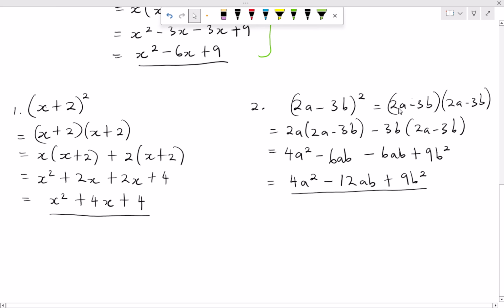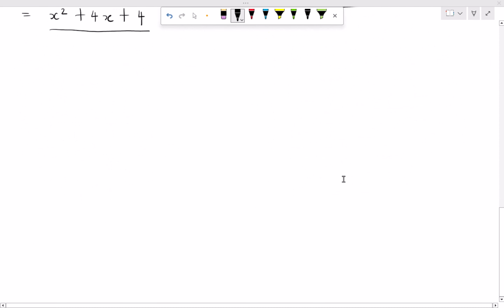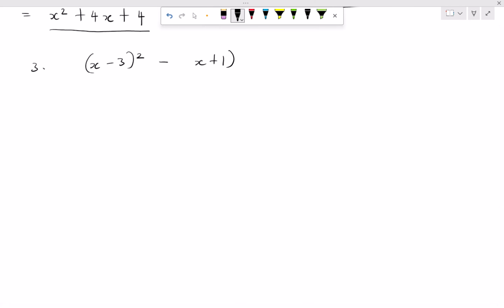All right, so you simply do what we're doing. You just expand the brackets, no matter how the question comes. So even if you're given, for example, let's do the last example. We are given x minus 3 squared minus x plus 1 squared.